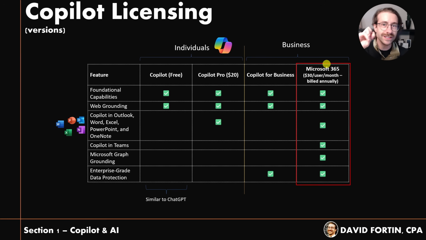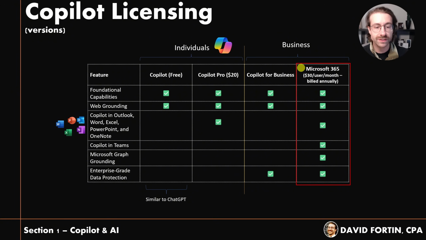So you can't only take it for 2 months, you have to take it for 30 times 12 per user. There's no minimum limit. Before, when it first released, there was a minimum of 300 seats. So it would make it like 9,000 a month, if I'm not mistaken, for minimum 300 seats. But now if you have a company of 6 people and you want Microsoft 365 Copilot, then you can do it.